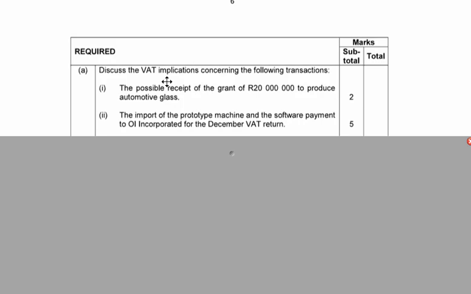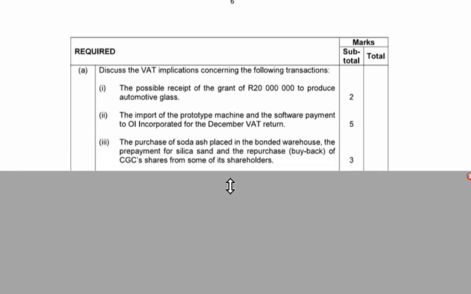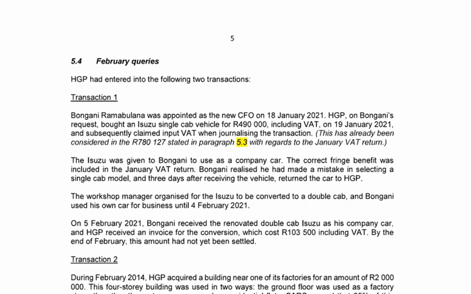Looking at question 3, what are we going to do with question 3? It says for 3 marks, the purchase of soda ash placed in the bonded warehouse, the prepayment for silica sand, and the repurchase buyback of some of the shares. So what are we going to do? 3 marks, 3 items, 1 mark per item. That's what you need to do.